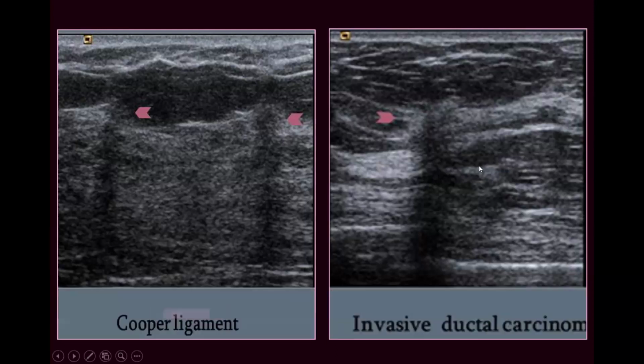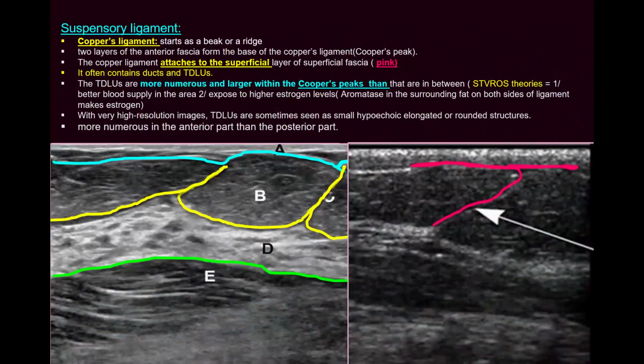So in this case, invasive ductal carcinoma was present, while in the other it was proven to be just shadowing from Cooper ligaments. This is one of the pitfalls of ultrasound, and we have to make sure whether the shadowing is just from a Cooper ligament or due to an underlying non-mass ultrasound lesion.